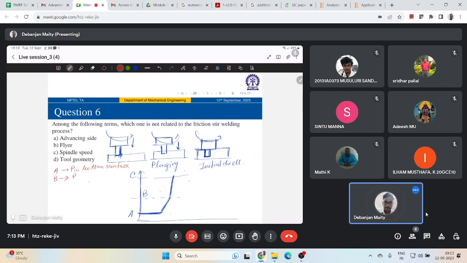B is the pin side surface. And what is C? This is the shoulder surface, right? This is how the tool contact area is getting increased during the complete process. And then you have the traverse when the complete shoulder is in contact with the workpiece. And then again, when you are retracting the tool, the contact area is getting decreased. That's how it works. Any question?